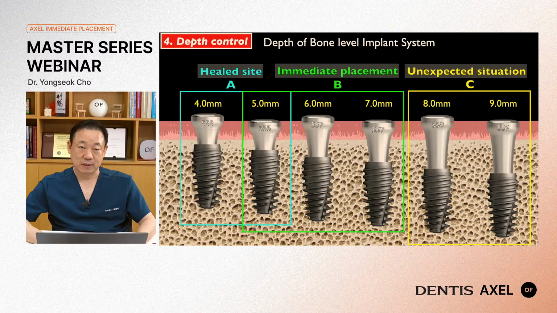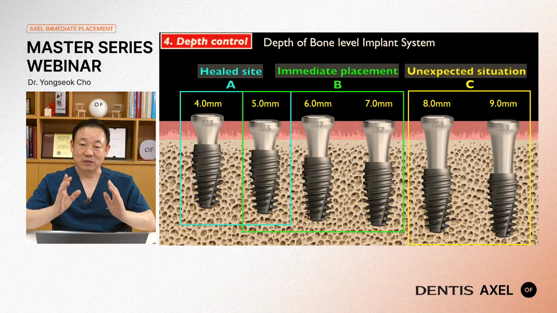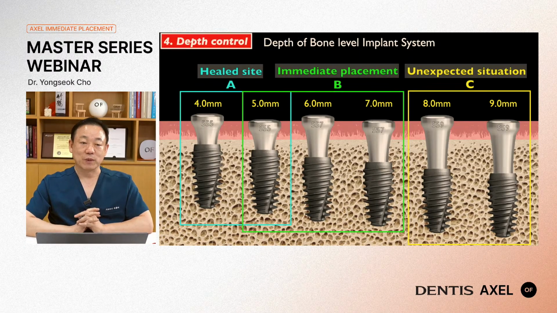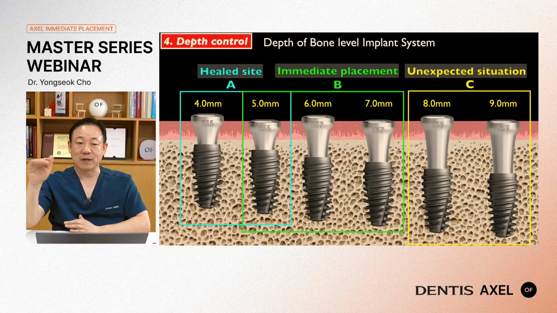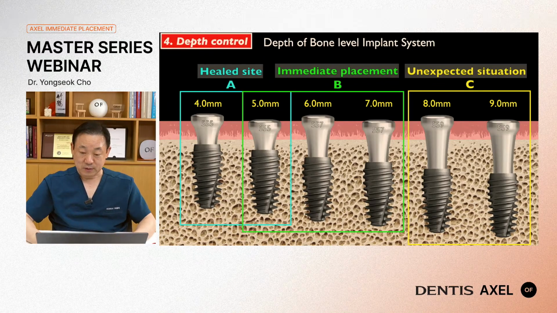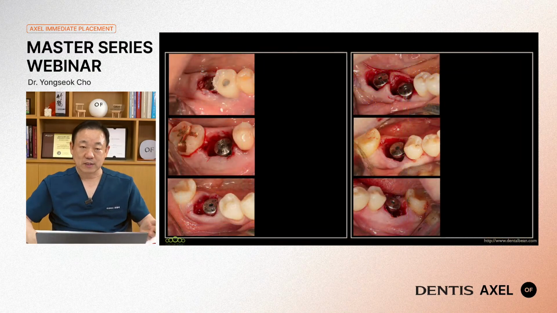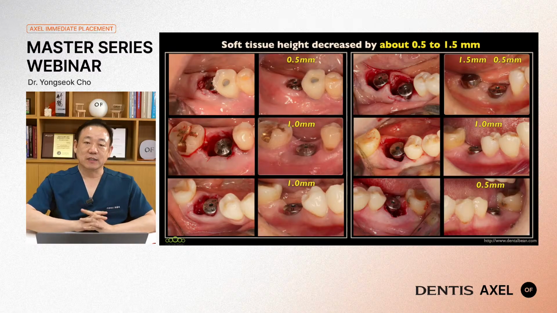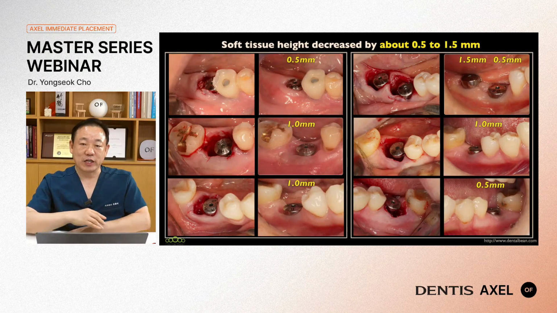Okay, so in our focus, immediate implant placement, try to place the implant minimum 5 mm, watching from the facial, buccal gingival margin, and 6 or 7 is also a good depth. Here we can see the pictures immediately after implant installation. When time passes and the soft tissue heals, we can see the height change.